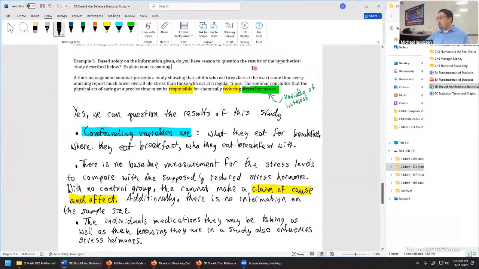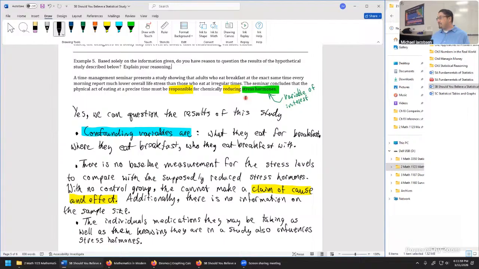Another thought along these lines is that eating breakfast at the same exact time, they claim, is somehow reducing stress hormones, but it could just be that people who eat breakfast at the exact same time happen to have extremely regular schedules, very steady jobs, and a very relaxed home life, with no emergencies ever happening. Maybe those people really do have slightly less stress in their life, but that has nothing to do with the fact that they're eating breakfast at the same time. It's just that their life is not stressful and it allows for that in the first place.